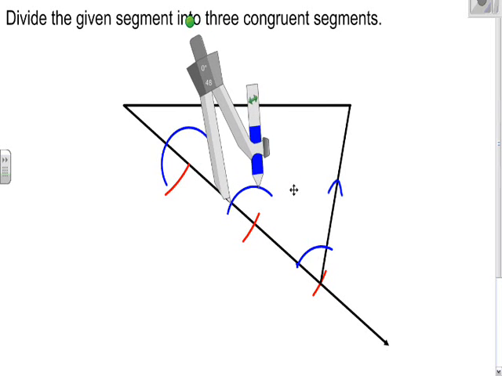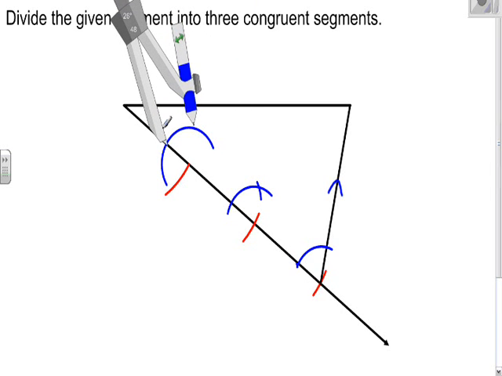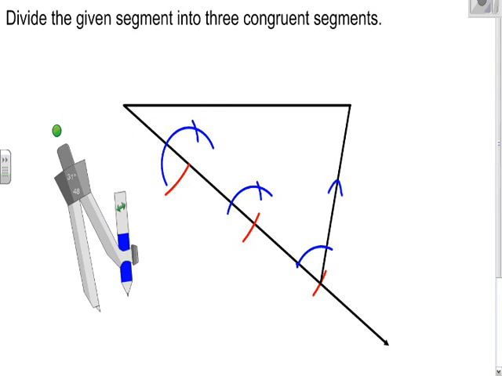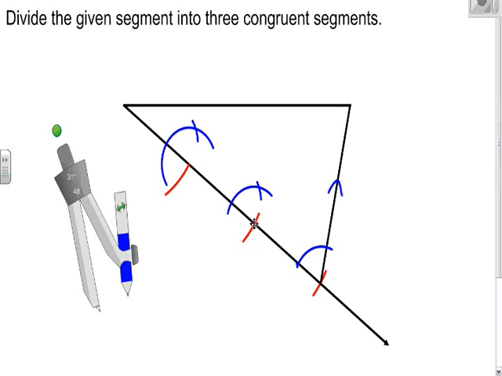Mark that same length. And if we draw our segments from the 2 points that we have, those segments are all parallel and they are spaced evenly apart on one side, so that means they are spaced evenly apart on the other side.